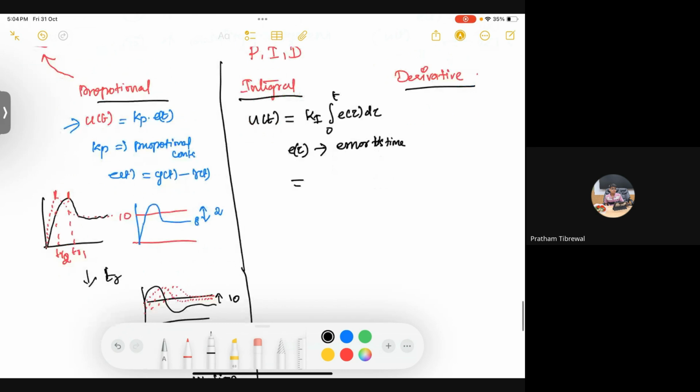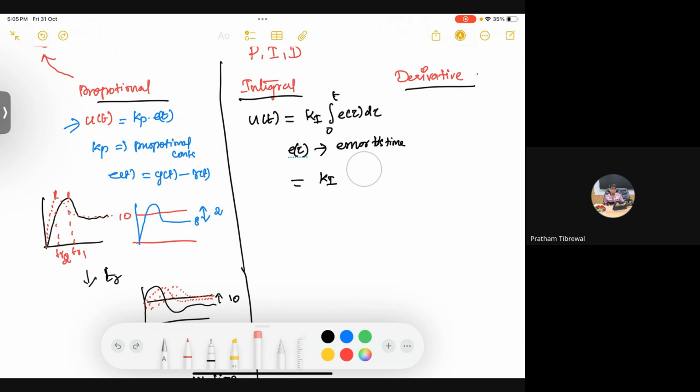In S domain, if I want to write the integral action, 0 to t, if you differentiate it and take a Laplace transform of this, it would give me E of S. I will keep it in time domain itself because I want to keep it proportional controller.